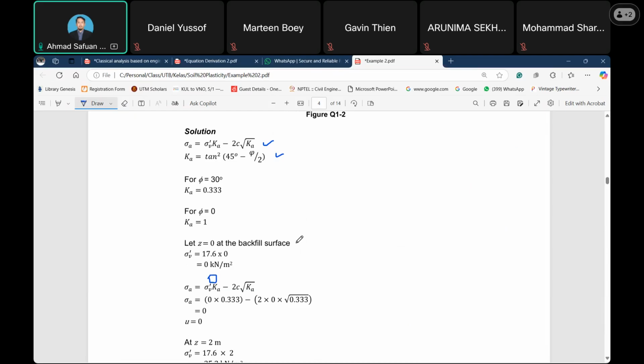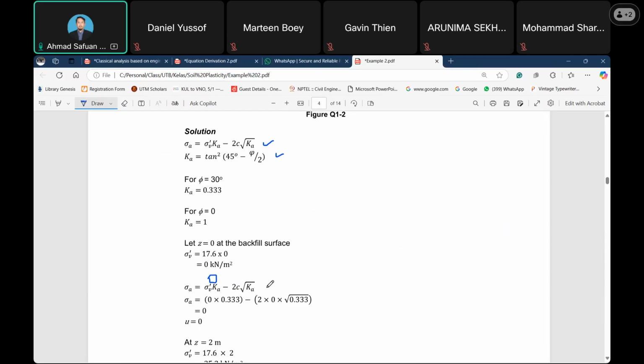If there is a surcharge, definitely the effective vertical stress has a value. If there is no surcharge, the effective vertical stress is equal to zero, but please do not put your effective horizontal stress also as zero, because you need to include the C in your equations.